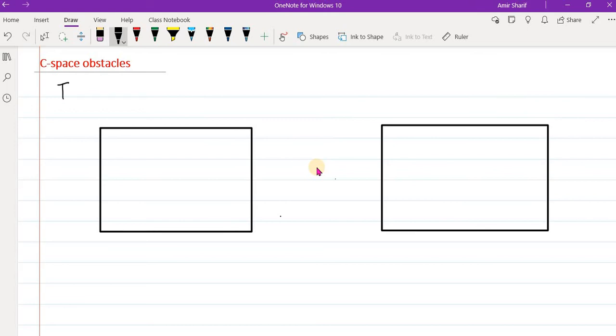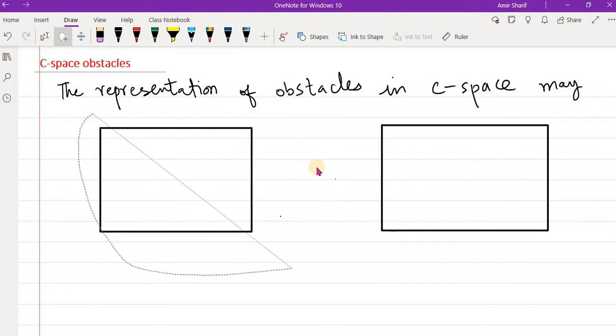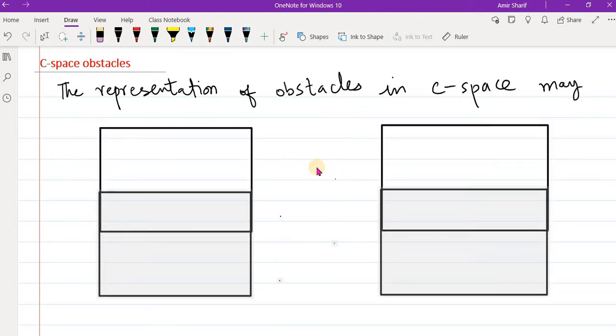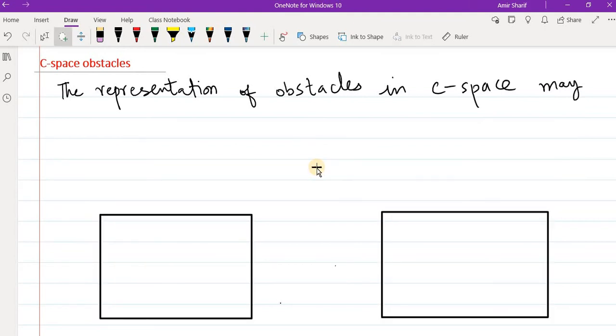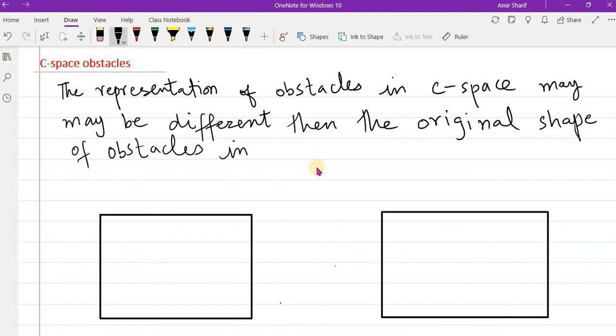The representation of obstacles in C space may be different than the original shape of obstacles in the environment.